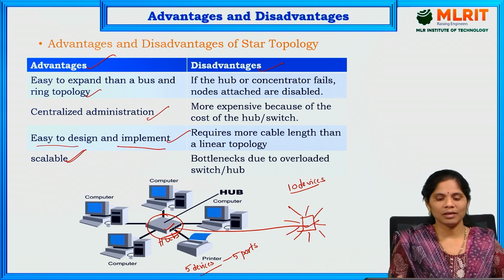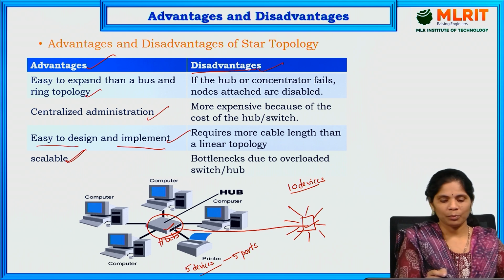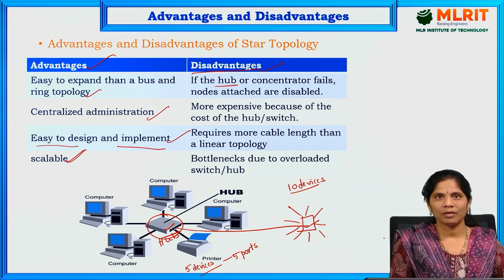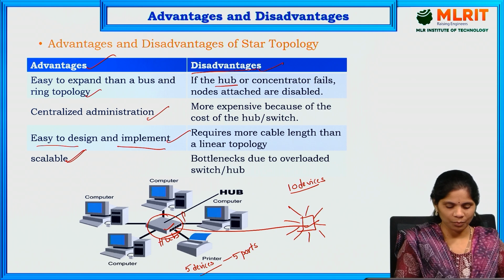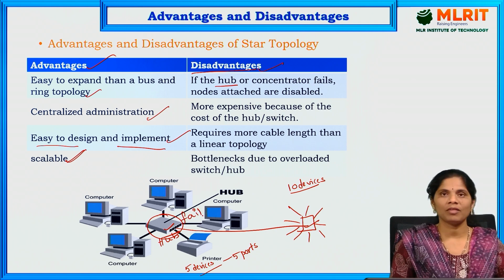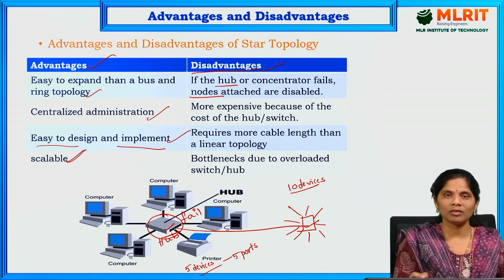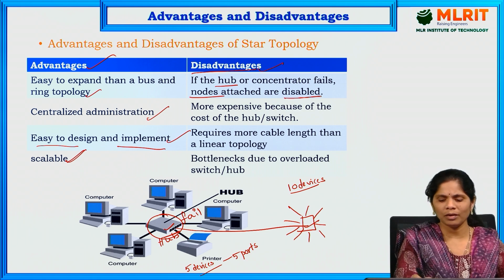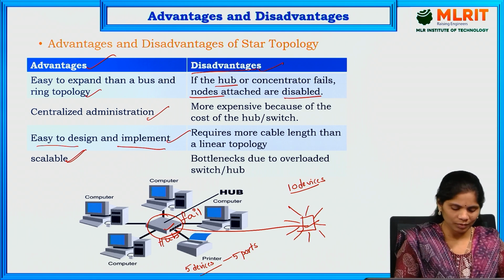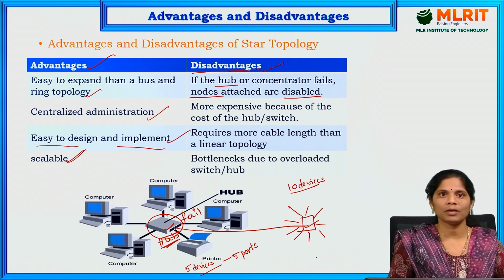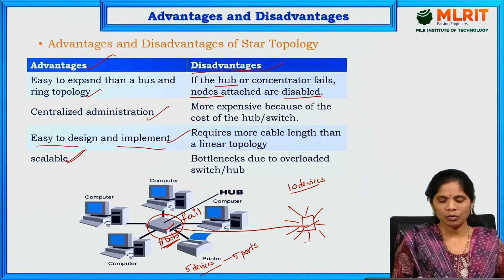And next, disadvantages. What are the disadvantages of star topology? Suppose the hub fails. If the hub fails, then all nodes connected to this particular hub are going to be disabled. All devices are connected to this hub only, right? All are going to fail.